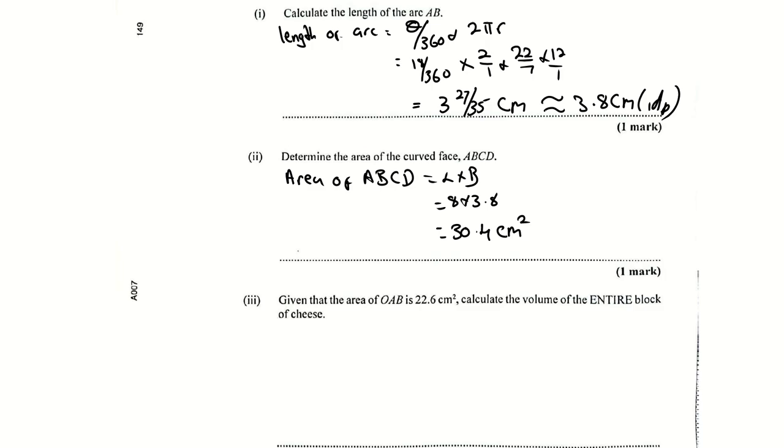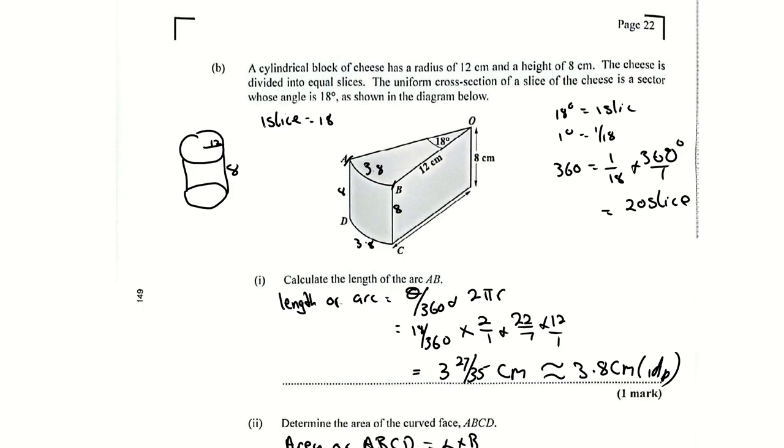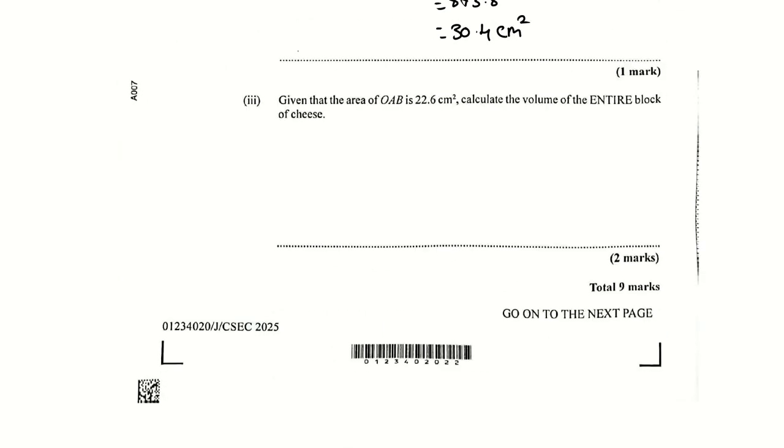They told you that that is 22.6. Calculate the volume of the entire block of cheese. So we found this out before, but we know that one slice is 22.6. So how many slices of cheese did we have? 20 slices. So the area of that entire circle would have been 22.6 times 20.